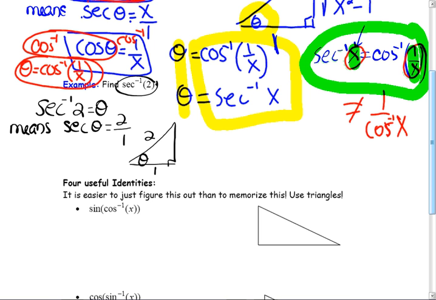So, what's my angle? I want the angle. Okay, that's 60 degrees because this is the 30. So it's pi over 3. It's the 60-degree angle.